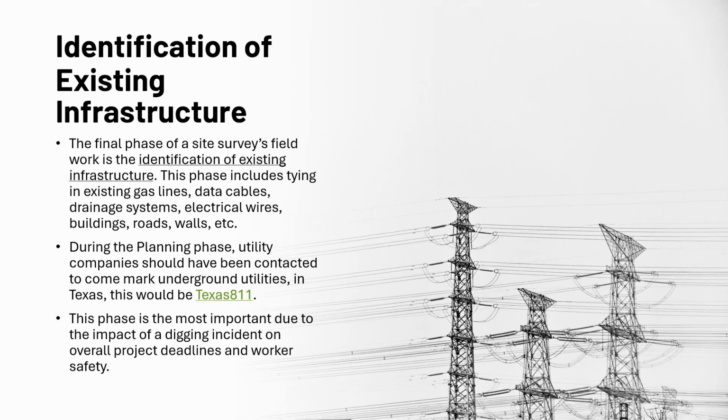Where are right-of-ways and easements, areas that we need to be extensively careful? Obviously, things that impact project deadlines are not good, but things that put workers in unnecessary danger, that's unacceptable. So we need to do our job to, again, protect the public at large by identifying any underground utilities that we can.